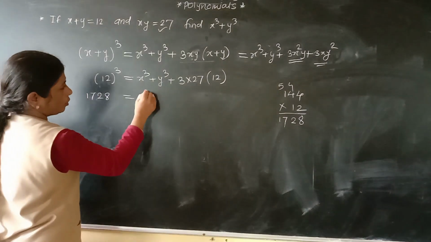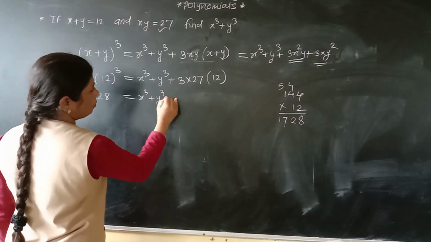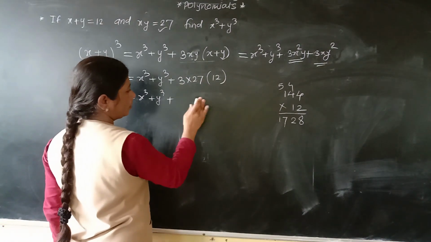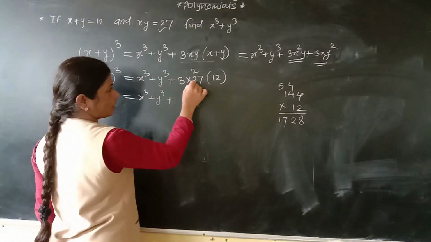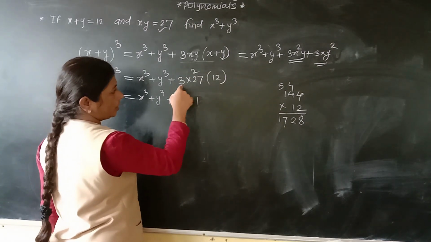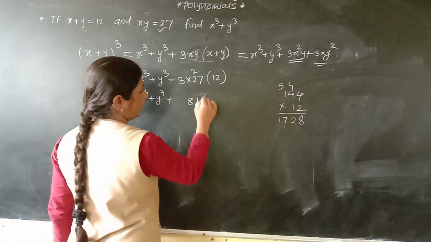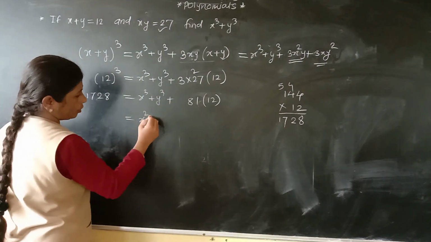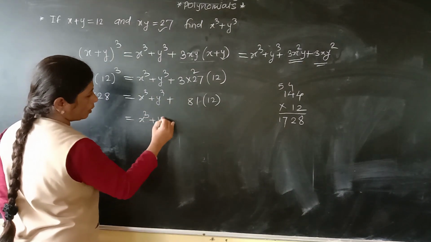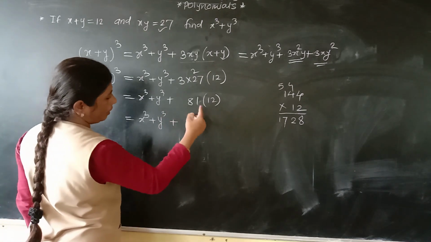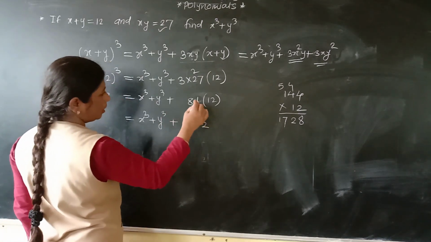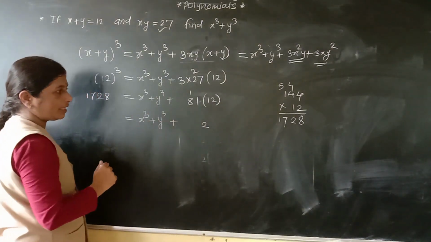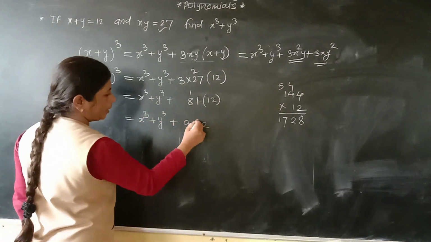So 1728. Then x cube plus y cube plus, here 3 sevens are 21, so 2 is there, 3 2s are 6 plus 2, 8. 3 27s are 81 into 12. Okay, so x cube plus y cube plus, here 12 ones are 12, 2 is there, carrying over 1. 12 8s are 96 plus 1, 97.